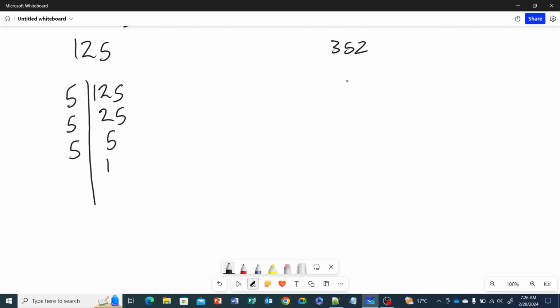Now let us go to 352. Okay. So 352. Now since it's an even number, it is divisible by 2. So 352 divided by 2 will be 176.